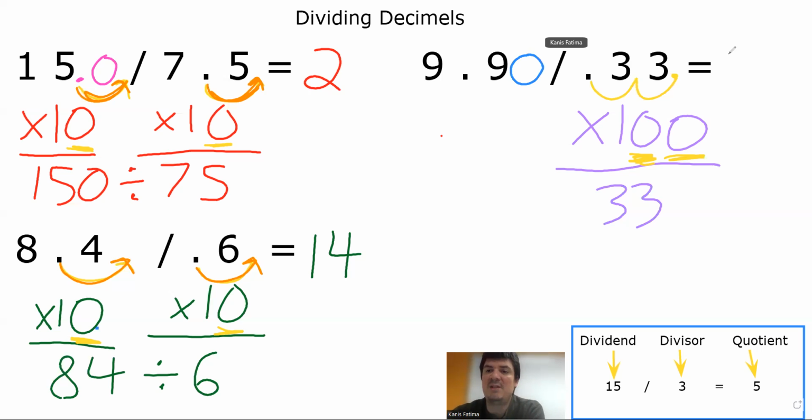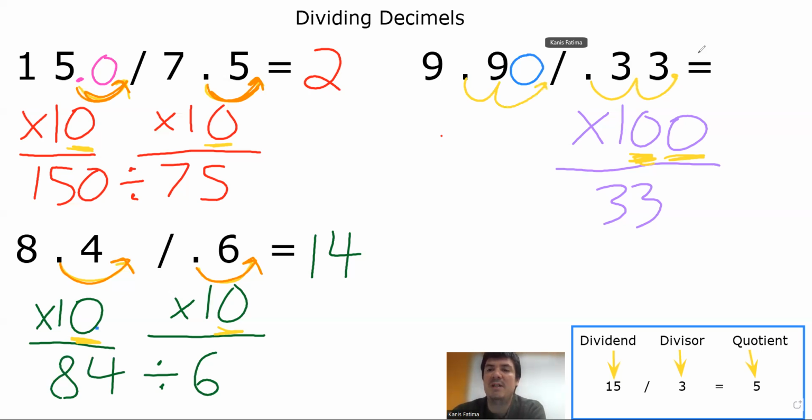So since I moved my decimal two spots for my divisor, 0.33, that means I move the decimal two spots for my dividend, 9.90. However many spots you move the dividend, you move the decimal the same amount of spots for your divisor, and vice versa.